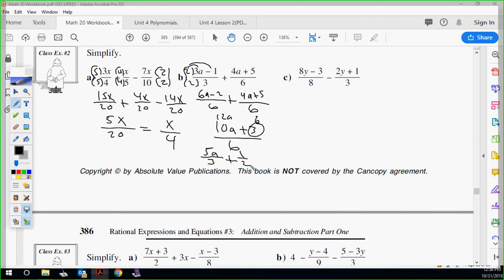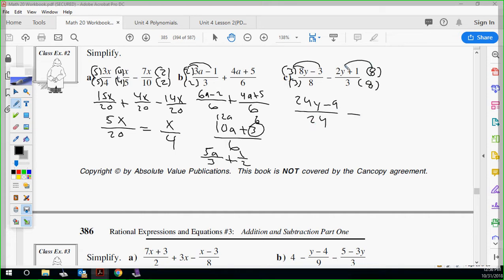Okay, so this one, 3 and 8 have to multiply by 8 and by 3 in this case. So here we go. We're going to distribute that. 24y minus 9 is the top of this one. It's over 24.